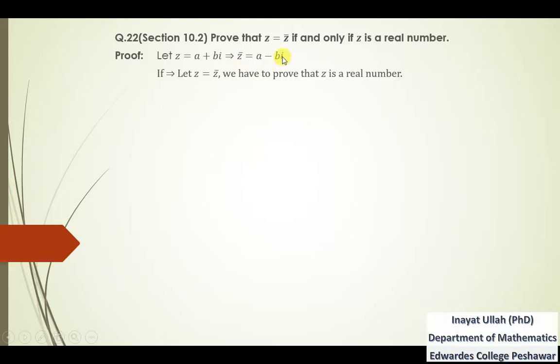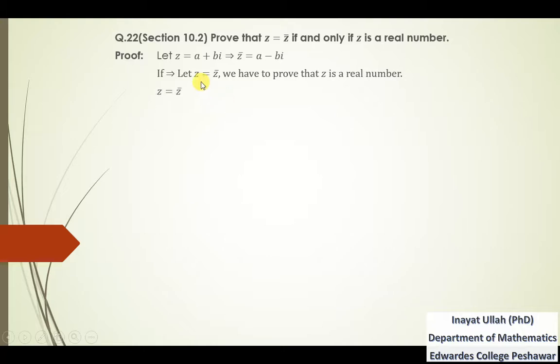So start from 'if'. 'If' means implies. Taking the left side true, and prove that Z is a real number. So let's say Z is equal to Z conjugate. This is true. We have to prove that Z is a real number.